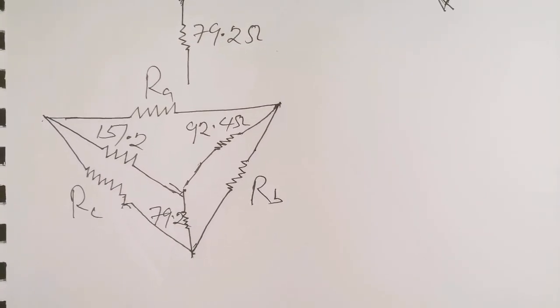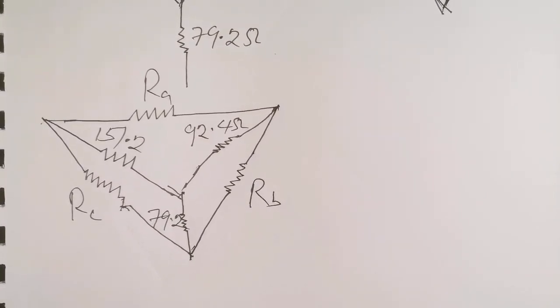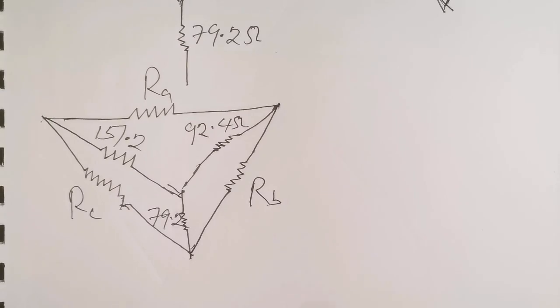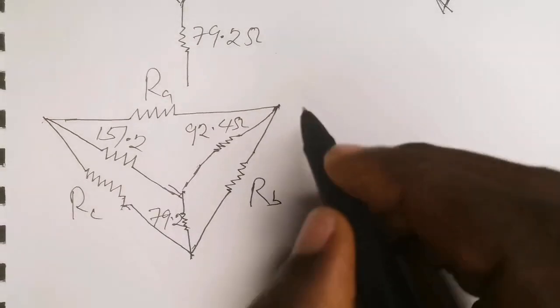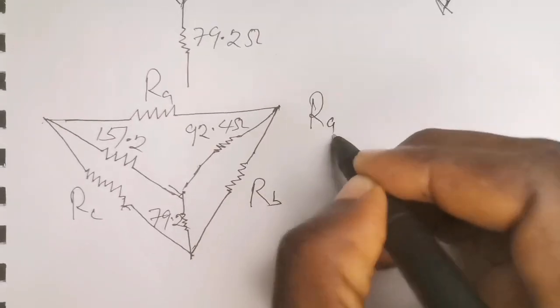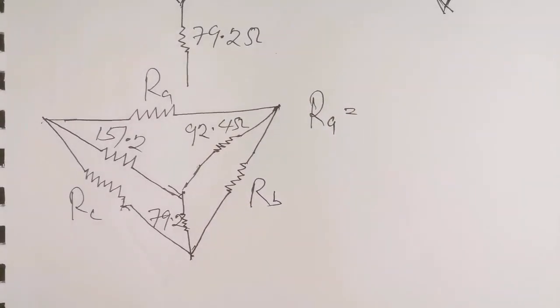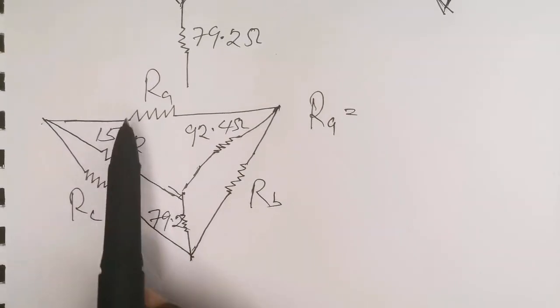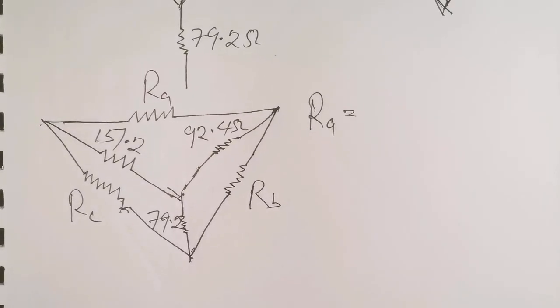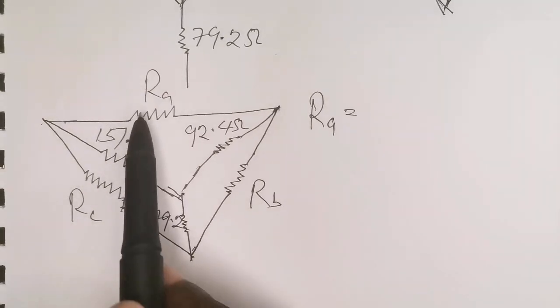Okay, now let's try to convert this. So in converting a star to a delta, this is what you do. So we start with RA. RA is equal to, this is what you do. Find the loop that forms a complete triangle with the unknown term RA. So I want to find RA.